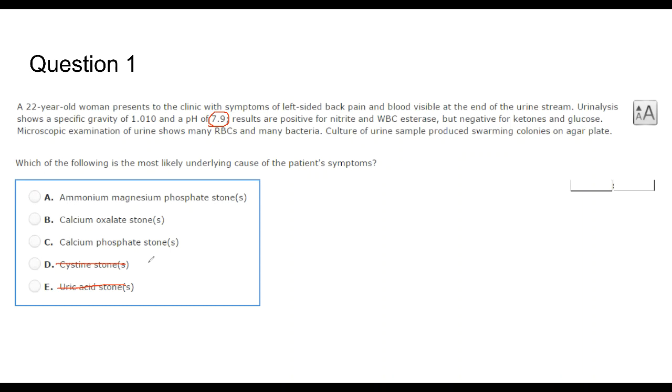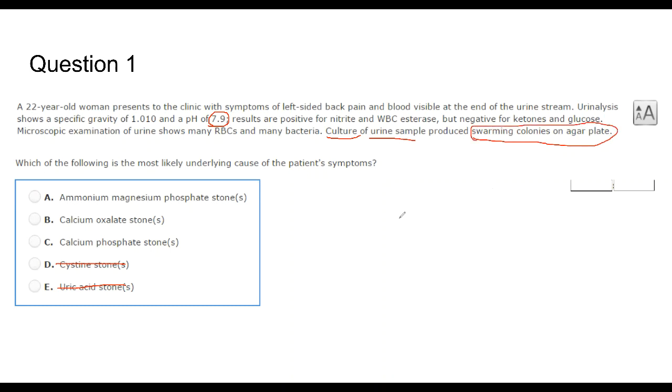Because I see so many RBC and many bacteria here. So any stone that gets stuck in the system, you can have red blood cells and you can have bacteria grow behind them. Okay, so they give you a culture of the urine, and it shows swarming colonies on an agar plate.